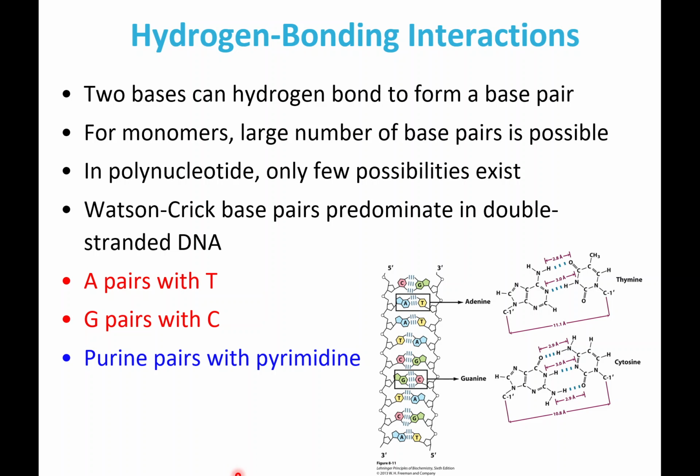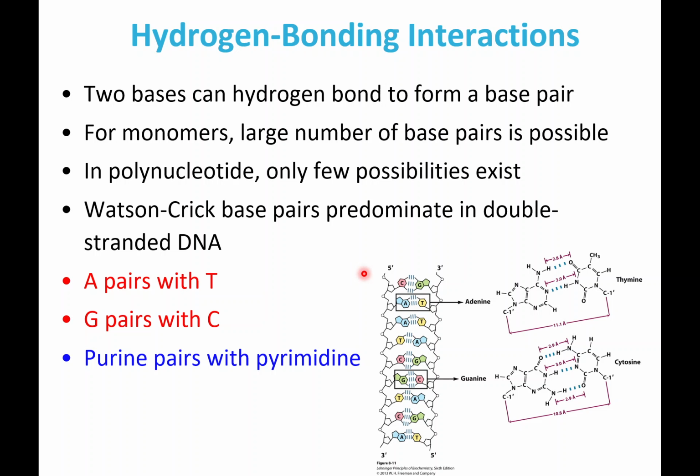Basically, in the hydrogen bonding interactions in DNA, two bases hydrogen bond to form a base pair. When these nucleotides are monomers, a large number of base pairings are possible, but in a polynucleotide chain, a nucleic acid chain, only a very small number of hydrogen bonding pairs are possible.